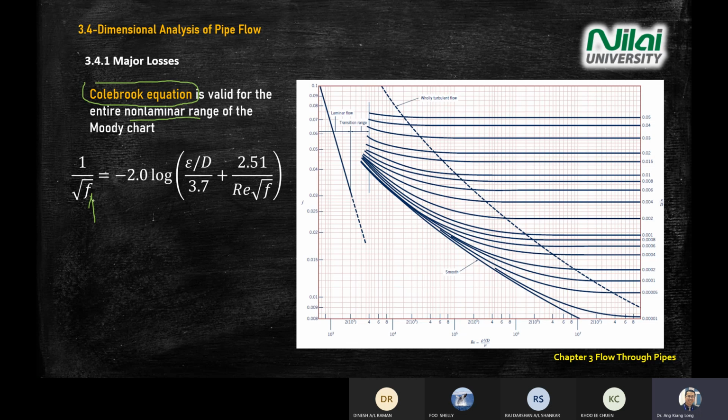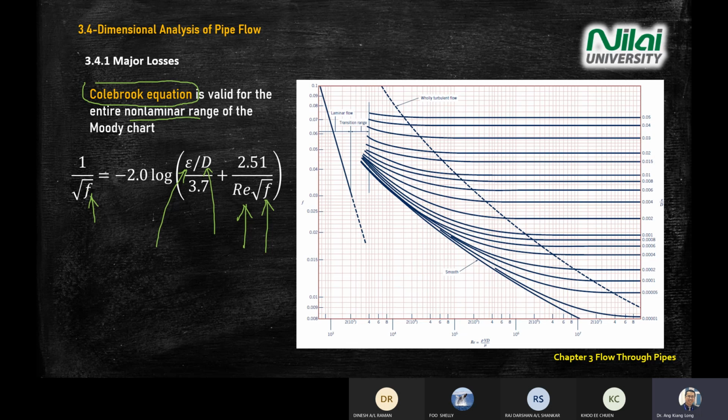Again, you are looking at four parameters: friction factor F, equivalent roughness epsilon, diameter of the pipe D, and Reynolds number. This is the equation you can solve.